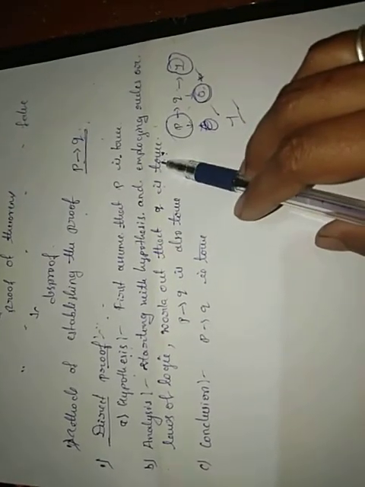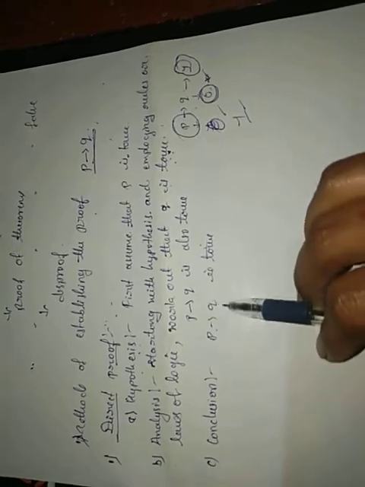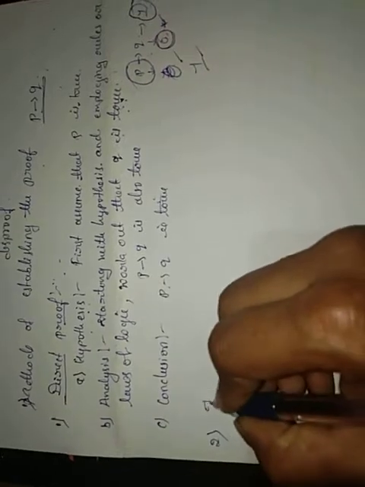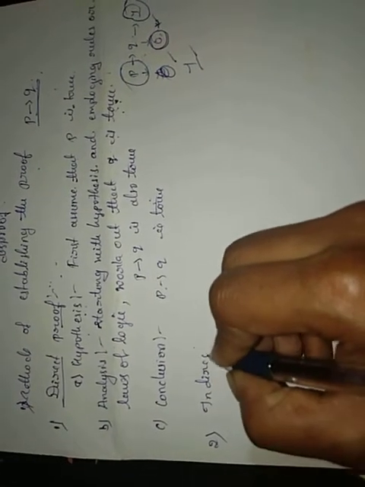Means once we prove that Q is true, it is clear that our given statement is true, and then we conclude that P implies Q is true. That is the direct proof. Next I am moving to the second one, that is indirect proof.